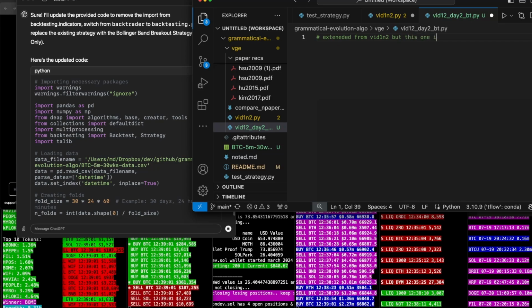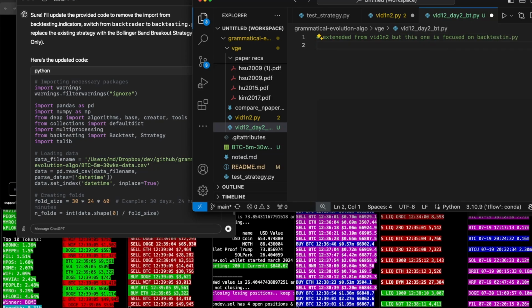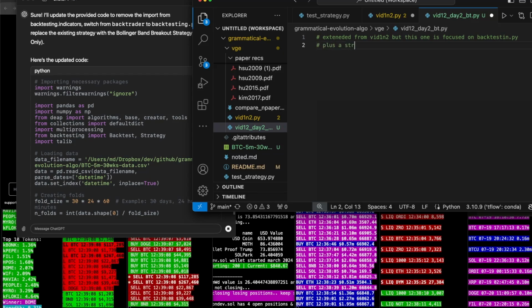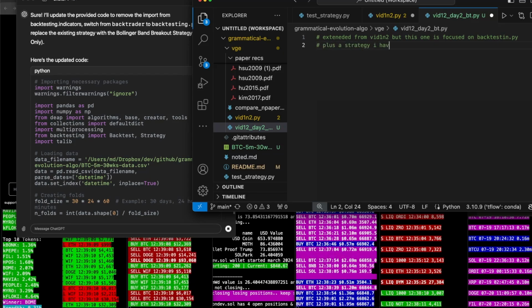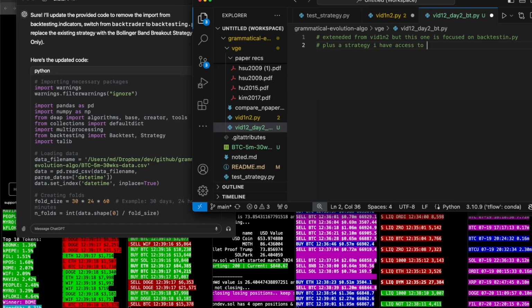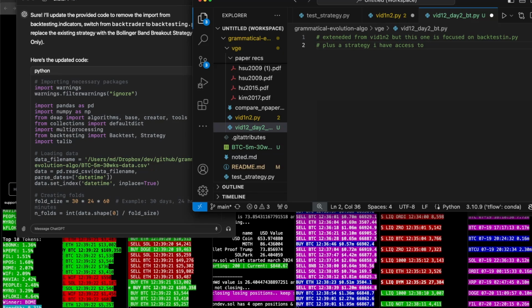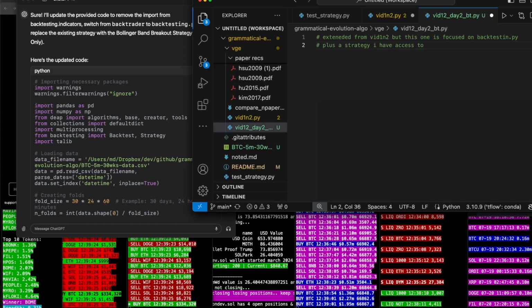But this one is focused on backtesting.py plus a strategy I have access to. I'm sure I can find the other strategy, no worries, but just like right here, right now, in front of me. I don't have access to it.